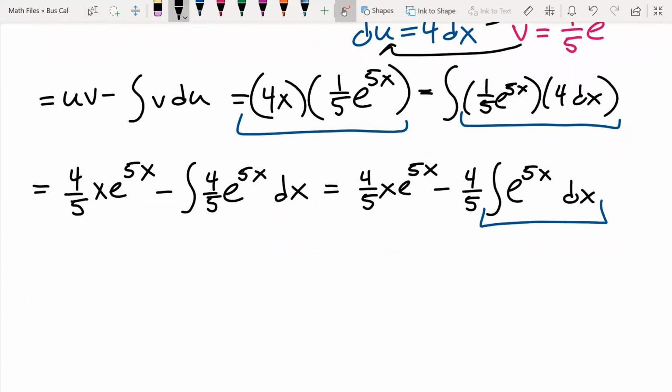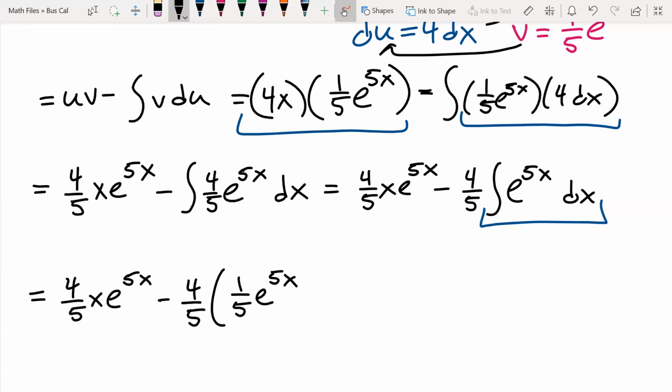Okay. So rewrite everything one more time. 4/5 x e to the 5x minus 4/5 times, and once again, the antiderivative of e to the 5x is 1/5 e to the 5x, and tack on that c.